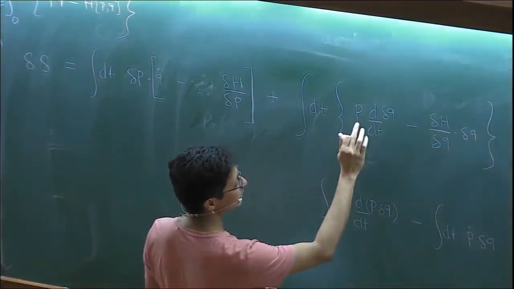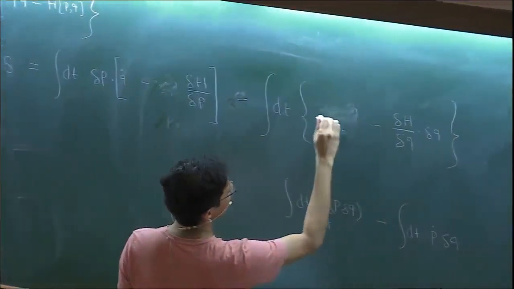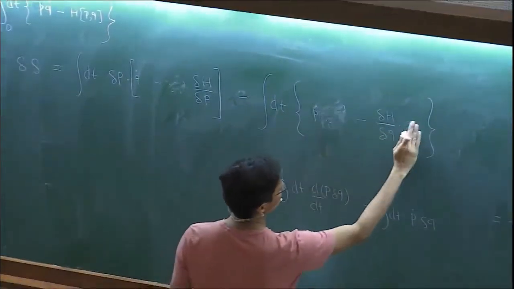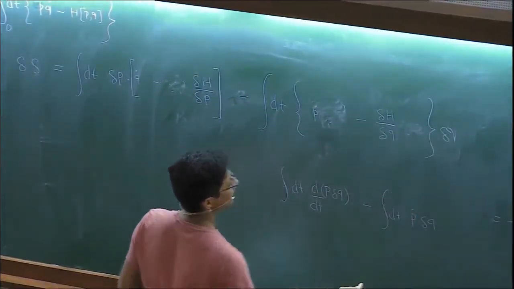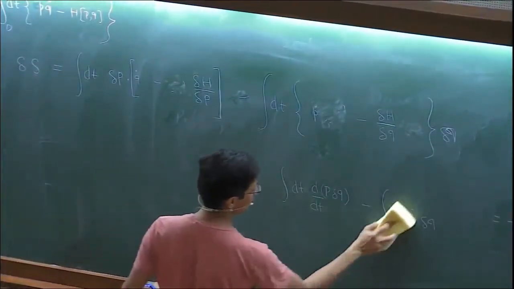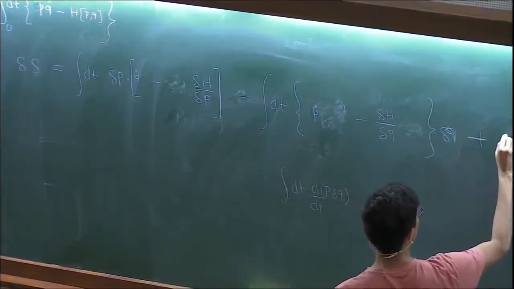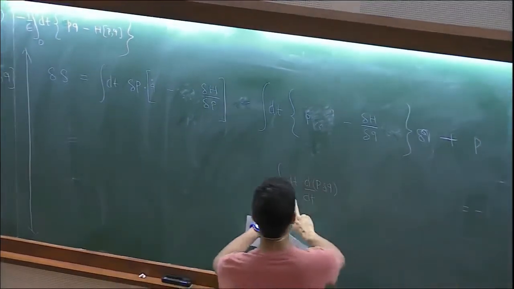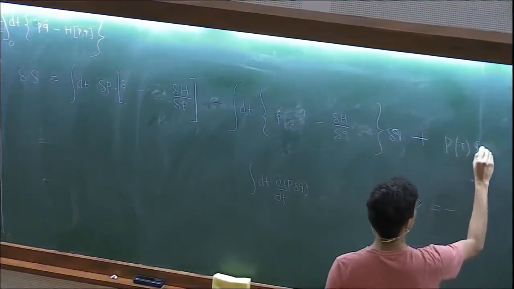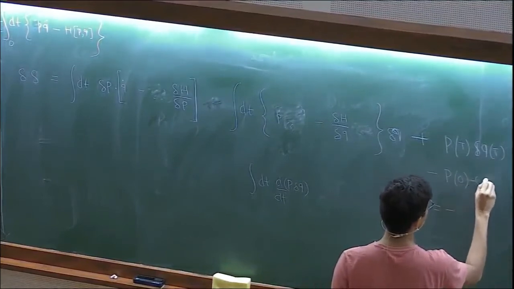So I take this, write it here, change the sign, and only keeping this part it would simply be P dot delta Q. I take delta Q out here, and I still have this other part, so I just leave it there. This is a total derivative, so it would be P at capital T times delta Q at capital T, minus P at 0 times delta Q at 0.